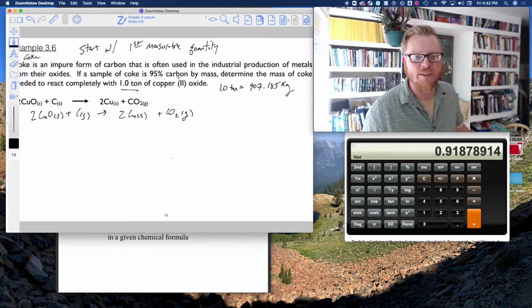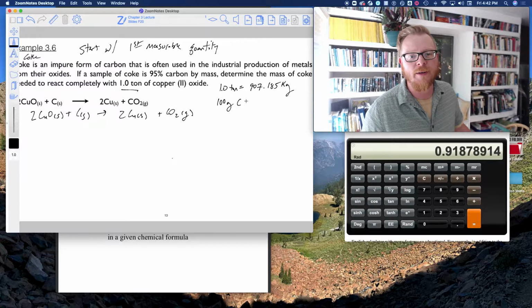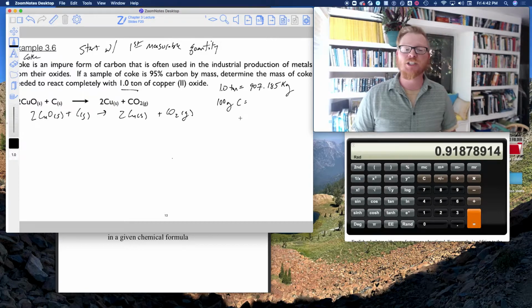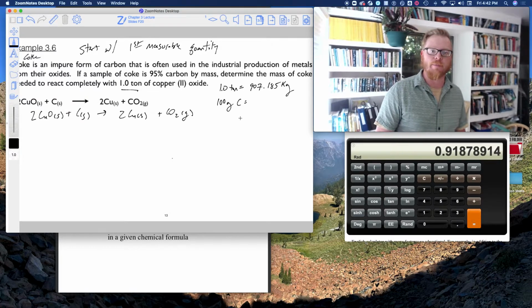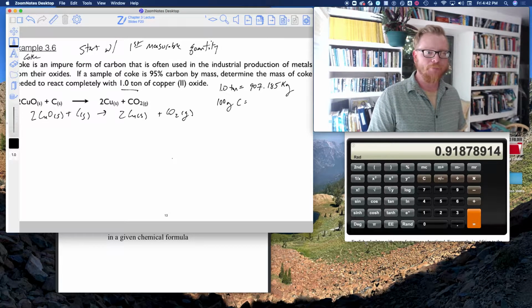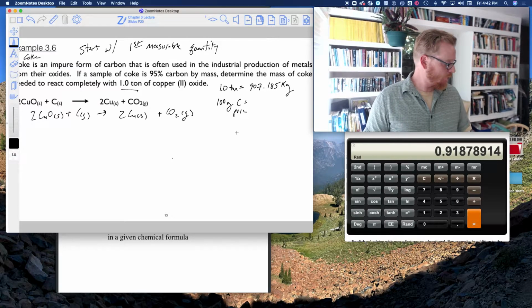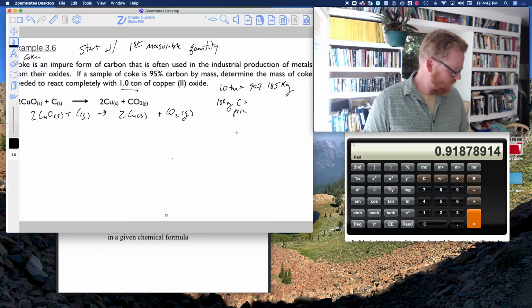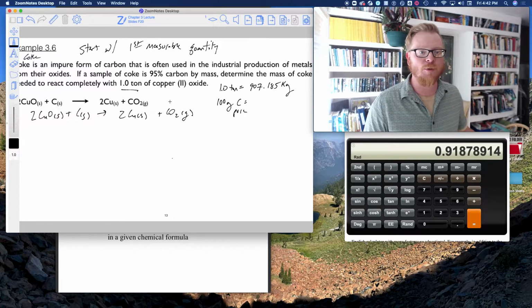I also want to say, this is another thing I want you to start getting used to when you see percentages, like percent by mass or percent by volume. Coke is 95% carbon by mass. So suppose I had 100 grams of pure carbon. Or how much, oops, I wrote this backwards.